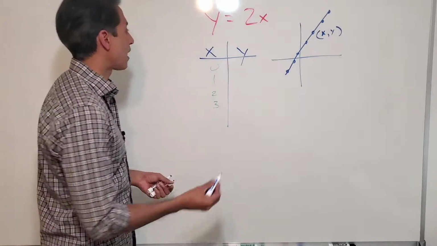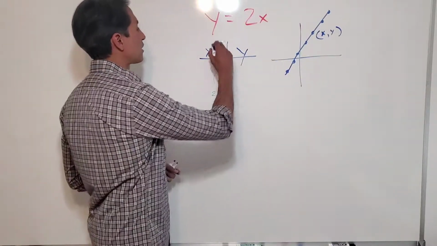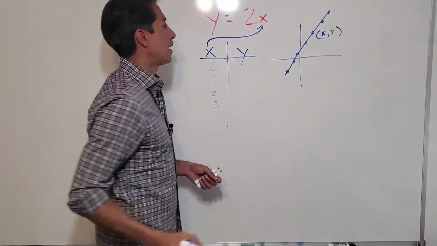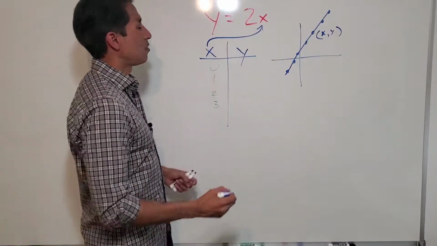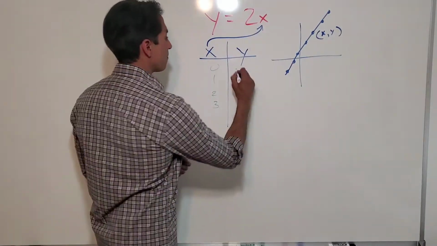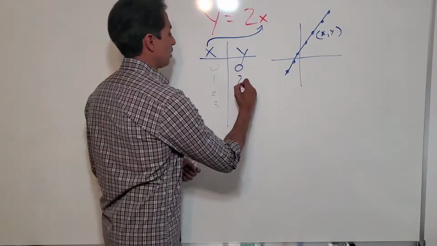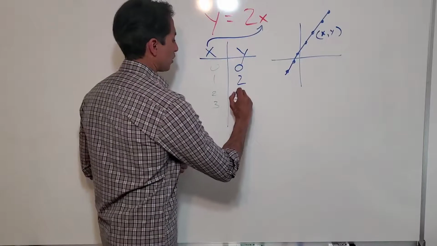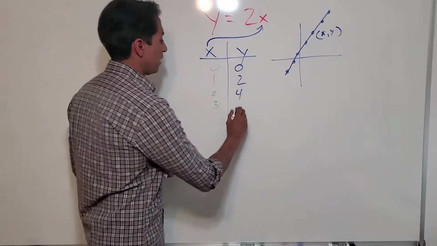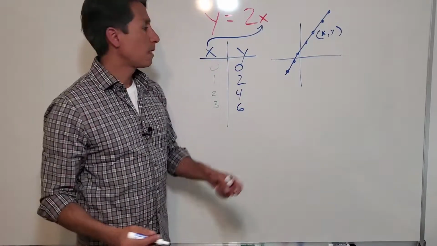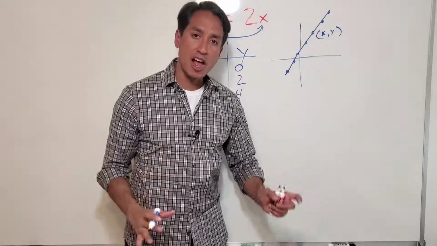Small numbers. Okay. These are my values for x. So I'm going to plug them into my equation. 2 times 0 is 0. Awesome. Now I plug in a 1. 1 times 2 is 2. 2 times 2 is 4. 3 times 2 is 6. Now, writing it out as a table is not enough.